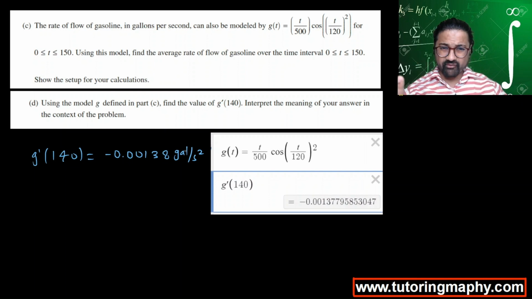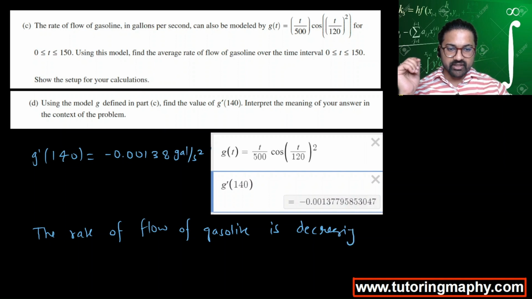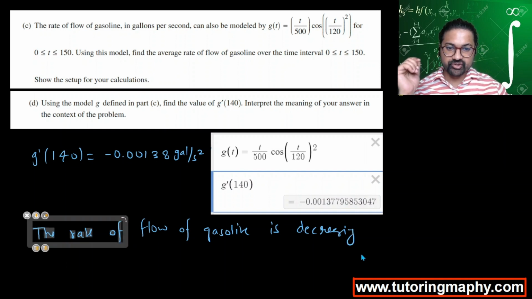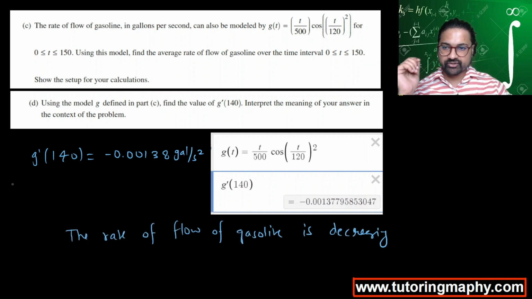And how will we interpret this? We'll interpret by saying that the rate of flow of gasoline is decreasing. In fact, I should start my explanation with at t equal to 140 seconds, because that's where we are solving, right?